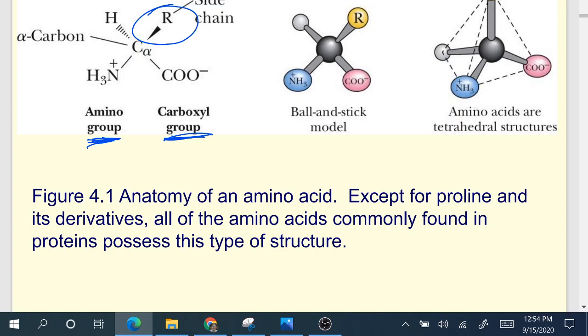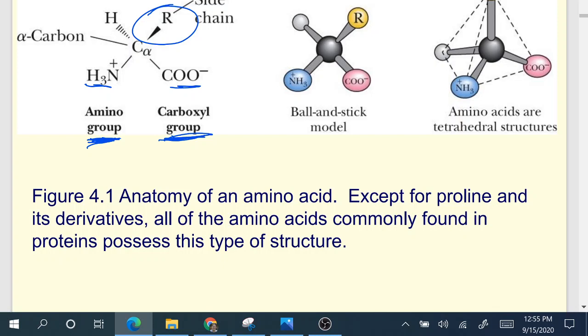That R group can vary, and we'll talk about what the differences are. That's the thing that varies in amino acids. The amine group and the carboxyl group are the functional groups that join in peptide bonds. The amine group will join to a neighboring carboxylate group, and the carboxylate group will join to a neighboring amine group, and that is why these are good at forming polymers.